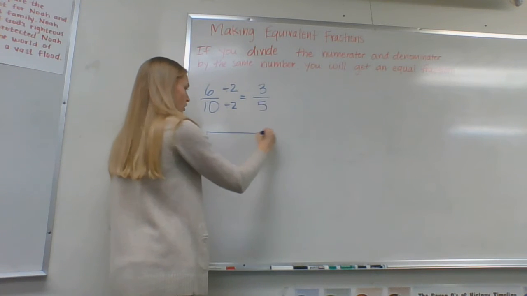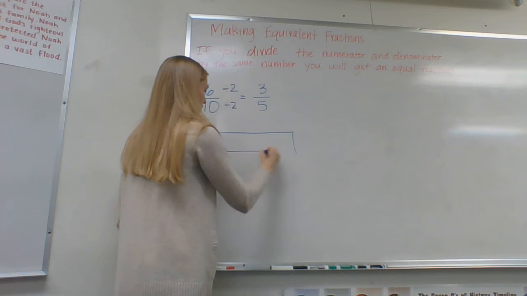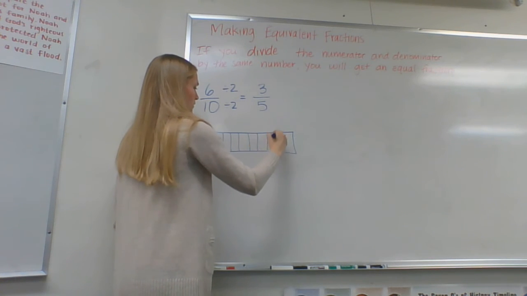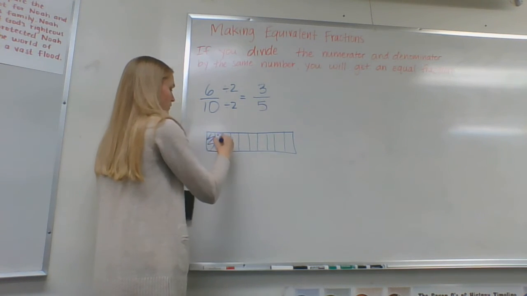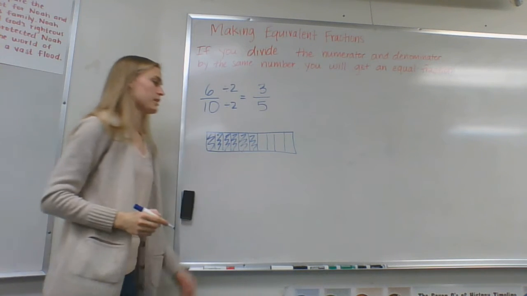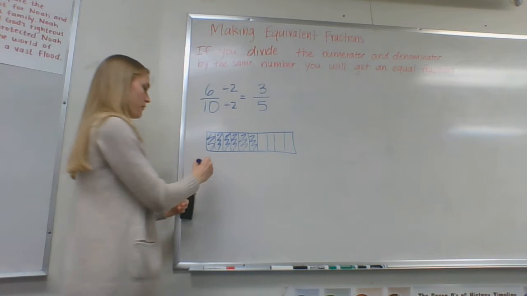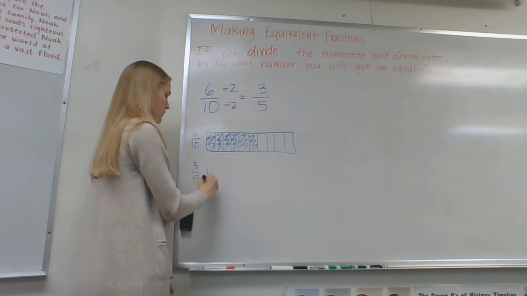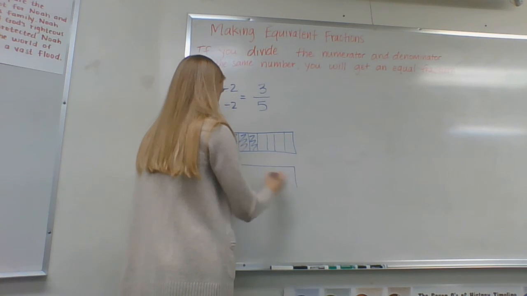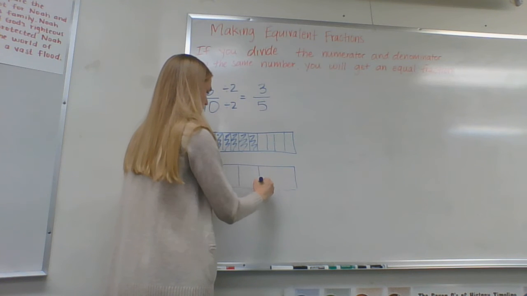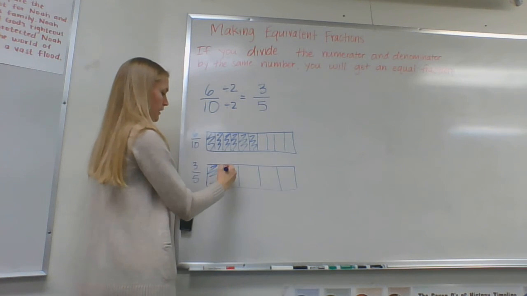If we were going to draw each of those, there's 6/10, and then if we draw 3/5, it would look like this.